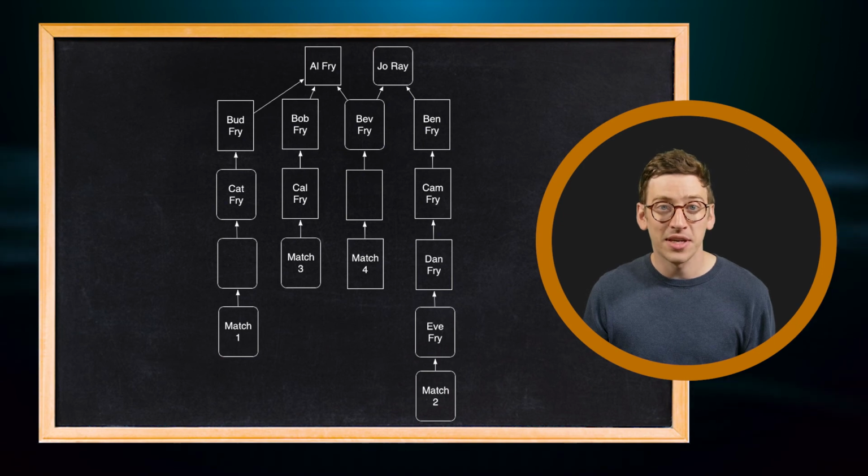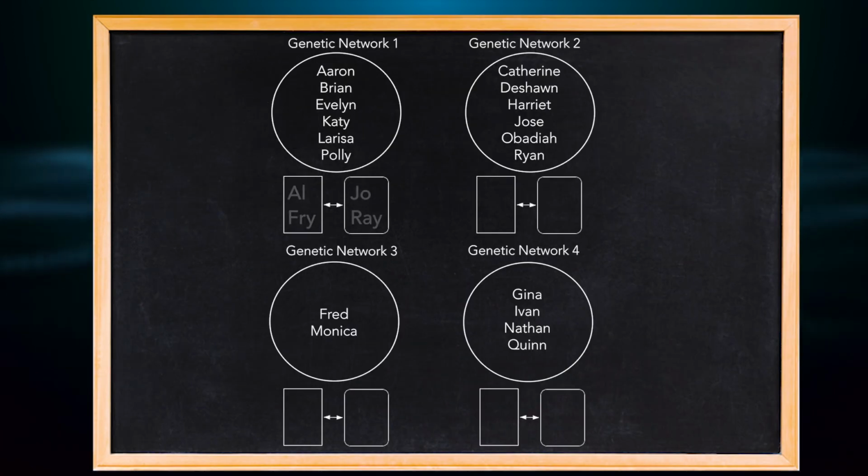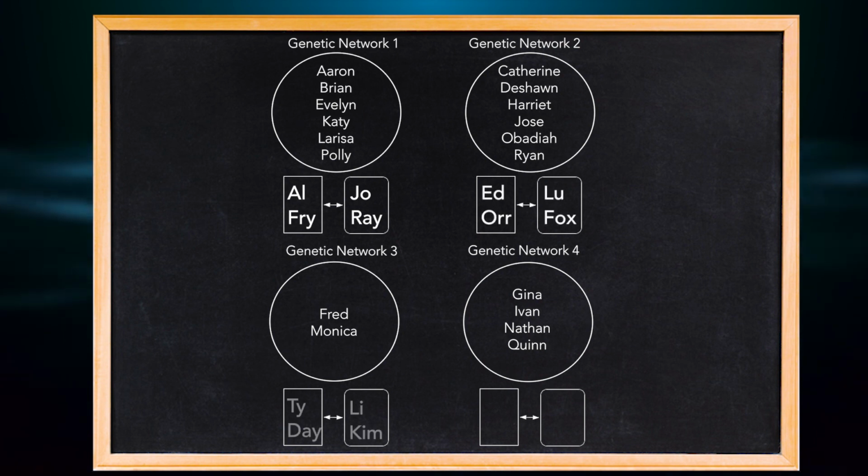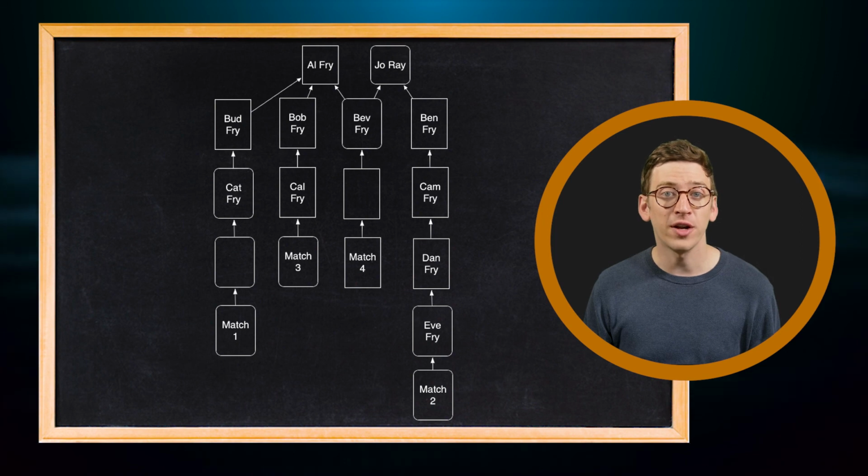This chart helps me see where everybody fits in, and it clarifies that Al and Jo are the common ancestors for this genetic network. Remember, this is only one of my 4 genetic networks, so I can repeat this process with each genetic network. And the more common ancestors I'm able to find, the more I'll be able to fill out my tree.